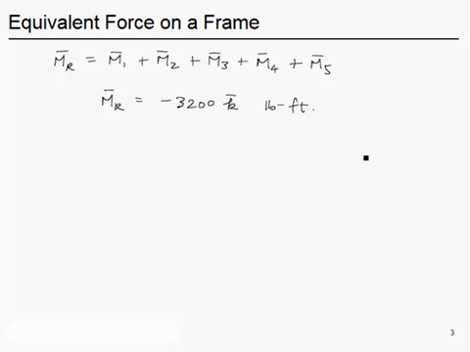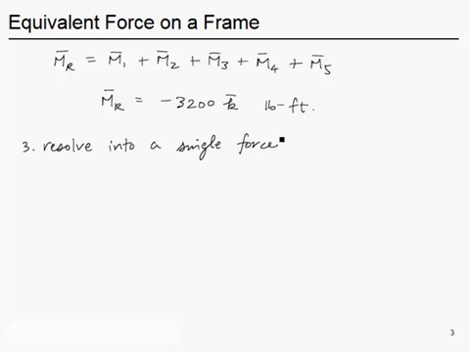Now the question is, how do we resolve those into a single force that acts somewhere that establishes this equivalence condition? All right, so let's go on to step 3, which is to resolve into a single force.